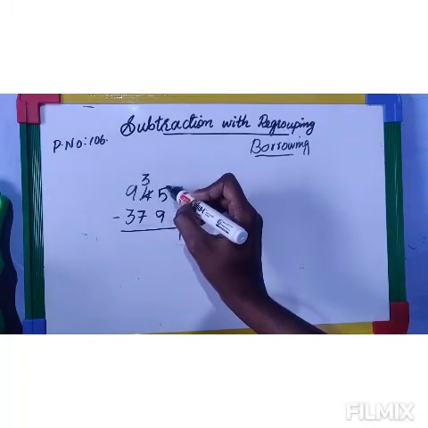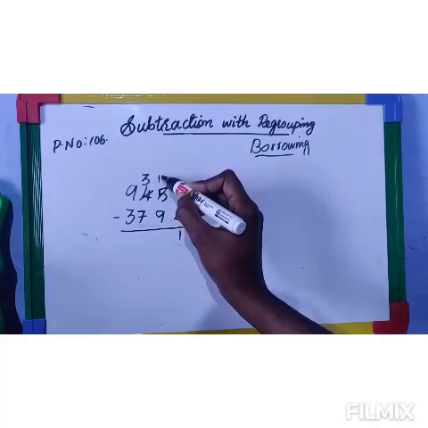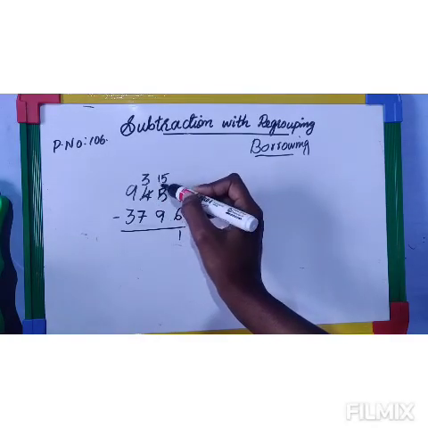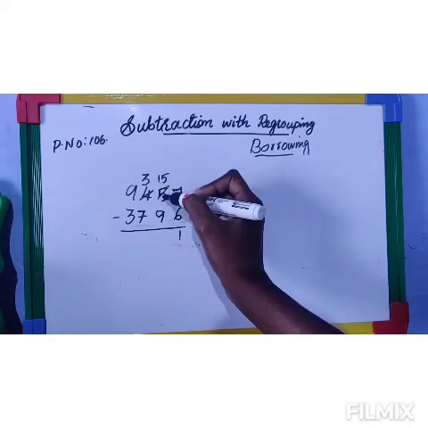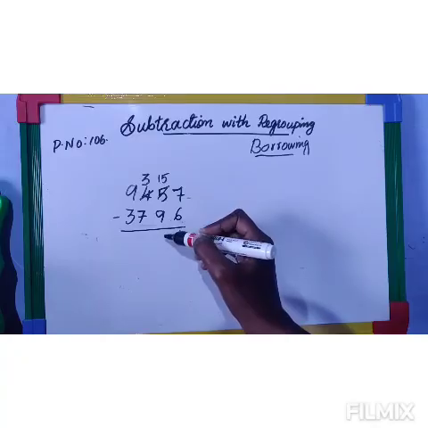So 1 comes to 5, and it will be 15. The easy way is the shortcut: the one you have borrowed, just write in front of this 5, on the left side of this 5. 15 minus 9.